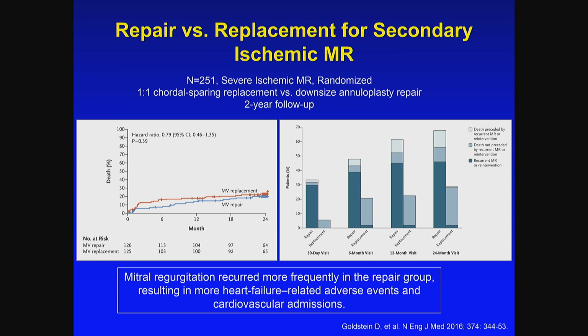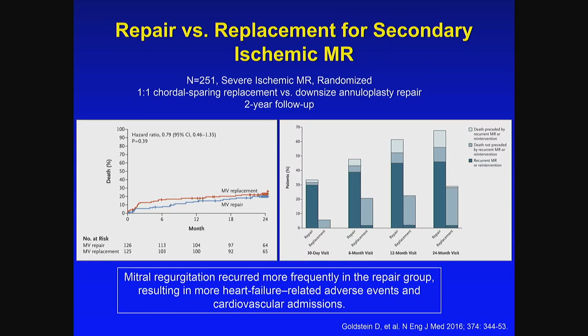In this case, there was 2-year follow-up with a primary outcome of mortality. And across those 2 years, there was no significant difference in the rate of death in mitral valve replacement or repair. Early on, the curves separate, but across the 2-year follow-up, no statistical difference.